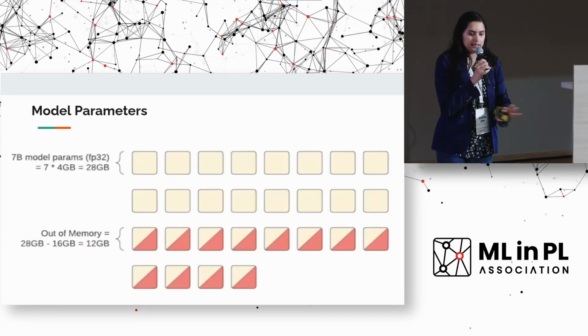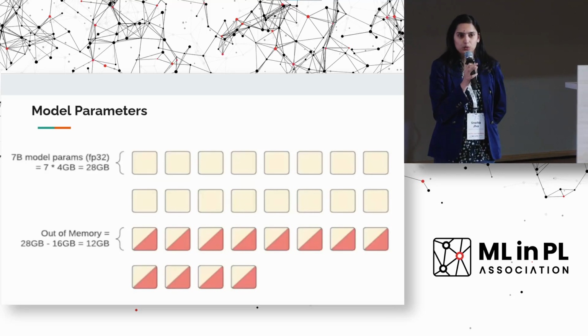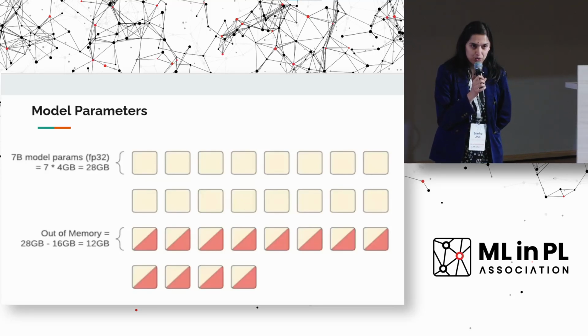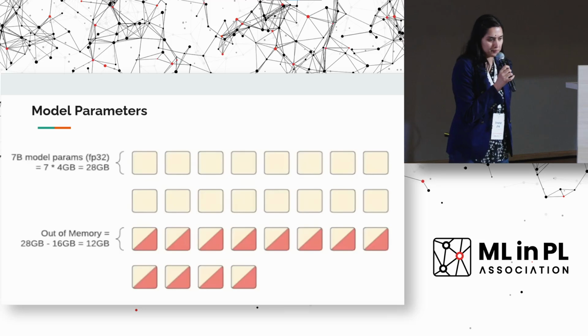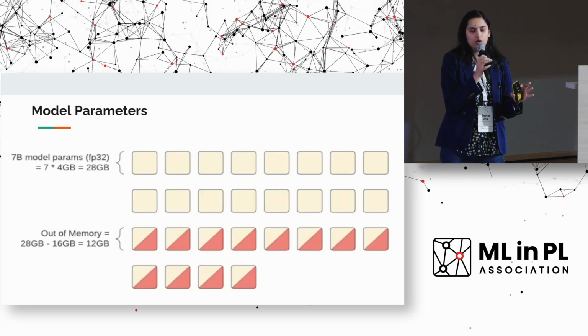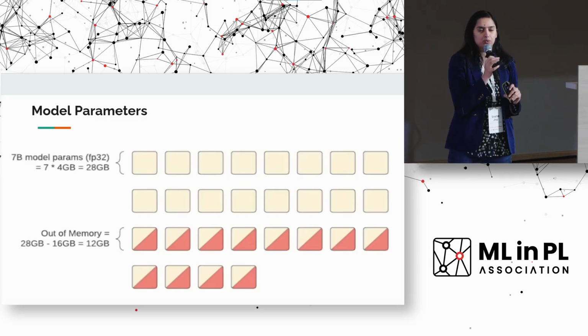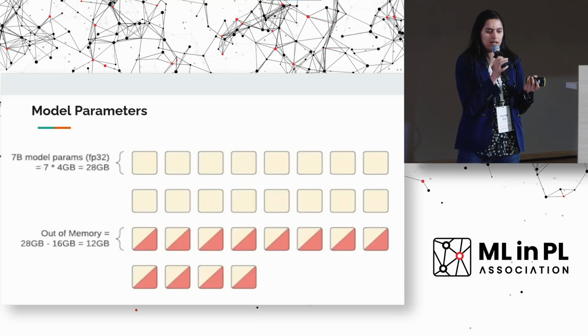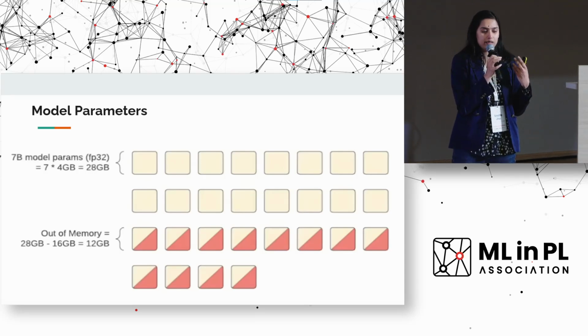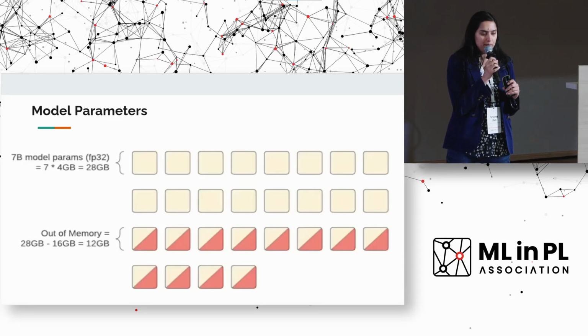So broadly, this is what the situation looks like when you start to fine-tune a 7 billion parameter model, for example. By default, or at the start, you would work with a 32-bit precision floating point data structure.